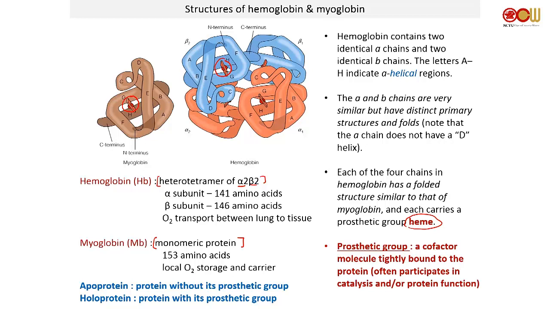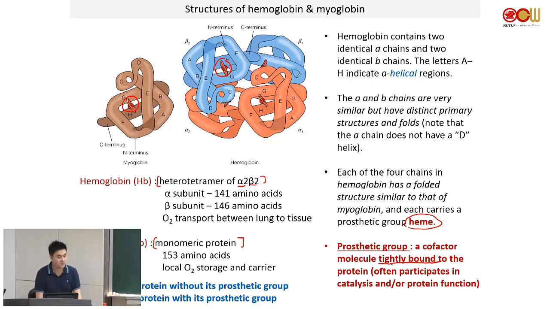Now, prosthetic groups are cofactor molecules that are tightly bound to a protein, and they are usually important for the function of the protein. In this case, for hemoglobin and myoglobin, the heme is important for carrying molecular oxygen.